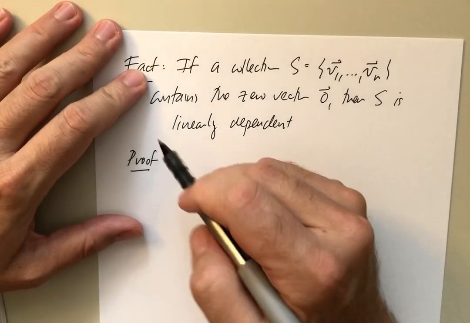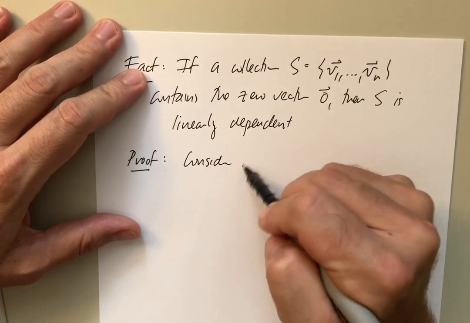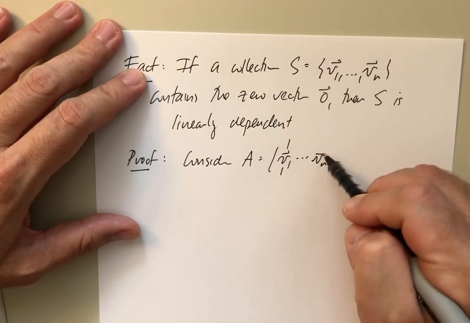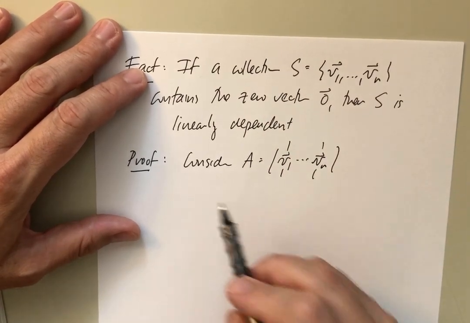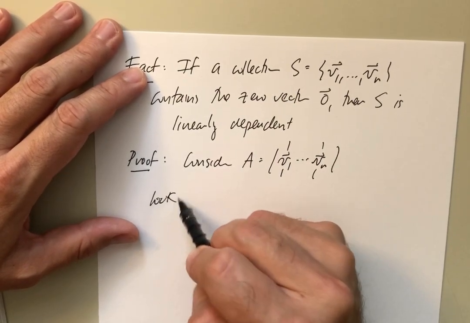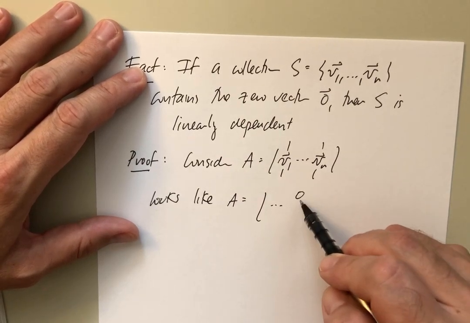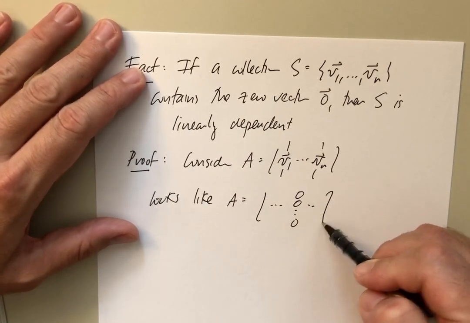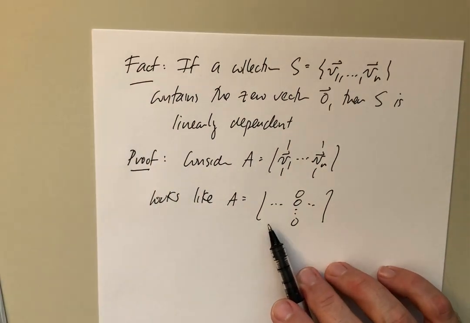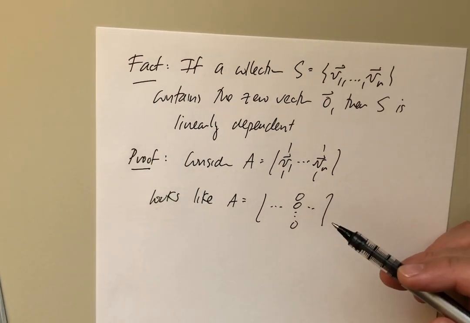So here's the proof. Let's again consider A, the matrix I get by putting those vectors as columns. We know one of these vectors is the 0 vector, so this looks like something, something, something, and at some point I've got all zeros here. Now when I go to row reduce this thing, I don't actually care what's going to happen. I know that in this column I'll never introduce anything non-zero.